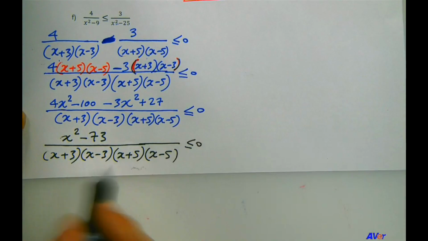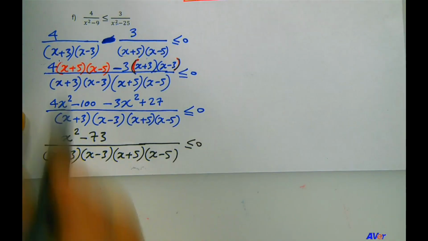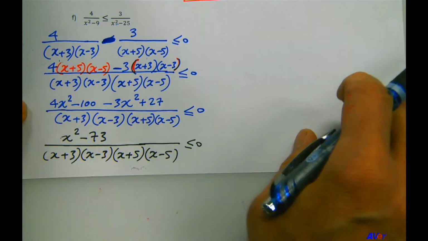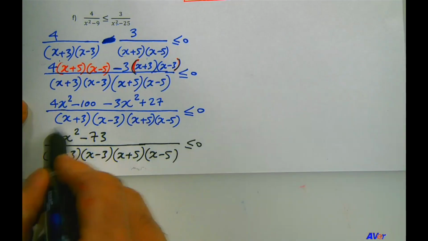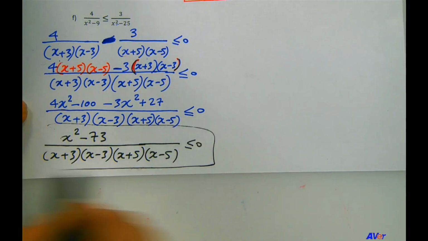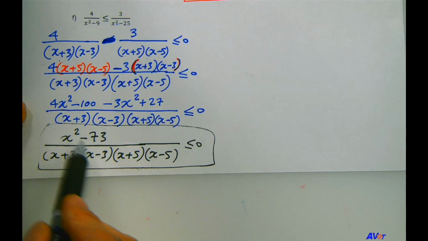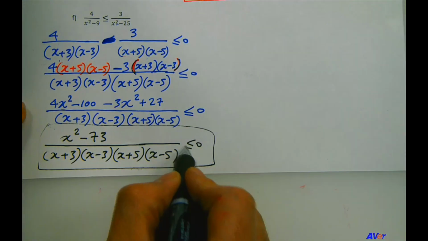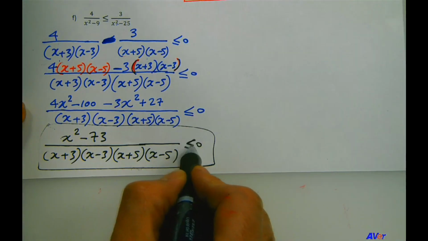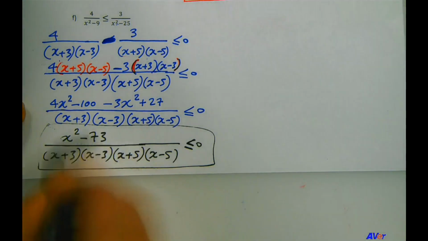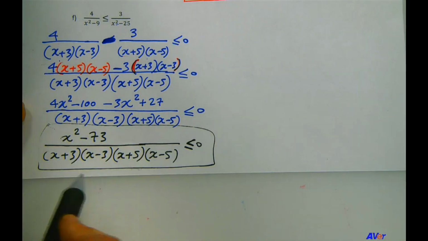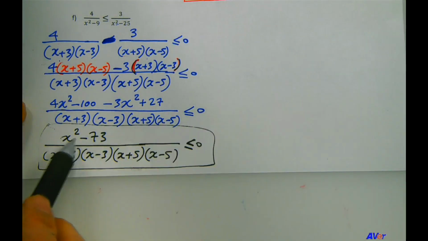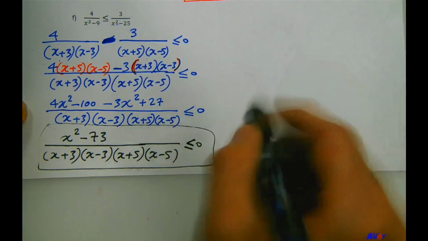Okay, so let's find what makes this expression undefined and what makes this expression equal to 0. So if the numerator is equal to 0, the whole thing is equal to 0. Is that allowed? Yes, because of this equality, we are allowed to have this expression be equal to 0. So when does that happen? Is when x squared equals, well, let's find that out.